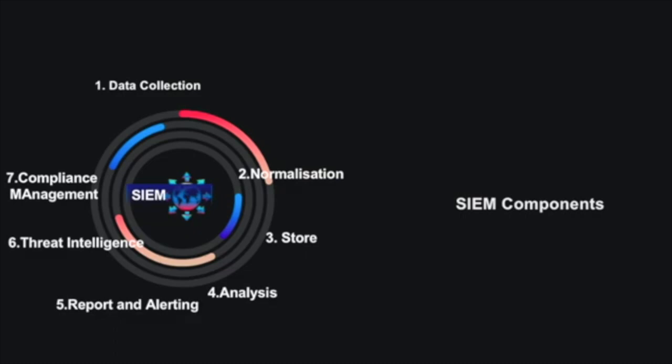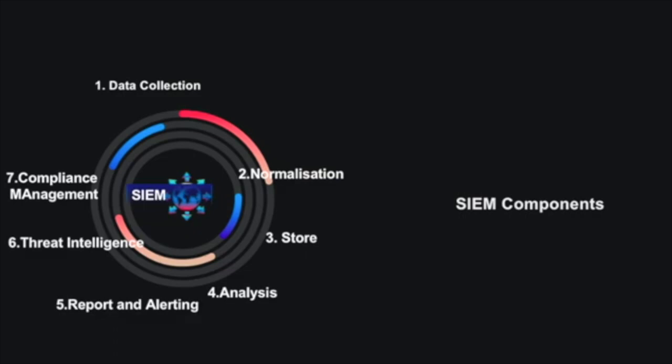Alerts notify the security team of potential security incidents in real time, allowing them to take action to mitigate the risk. Reporting and alerting can be customized based on the organization's needs and requirements. So this is about reporting and alerting.